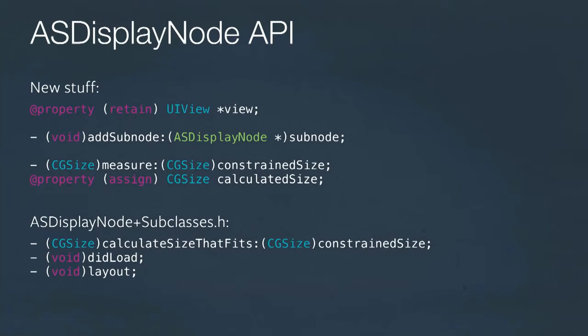So what's actually new, that being merged old stuff? We've added a view property. So there's the layer property, as you saw before, that UIView also has. There's now addSubnode. There's removeSubnode as well, just like addSubview and addSublayer. And some of the more interesting stuff is this method called measure, which performs an asynchronous layout pass. We'll get into this in a moment.